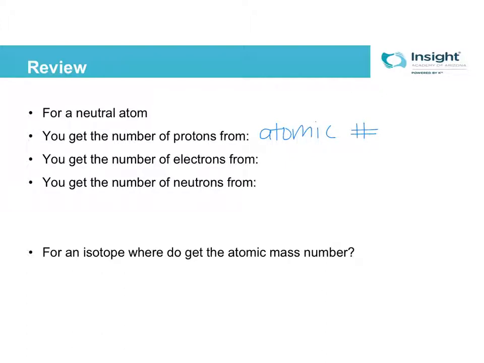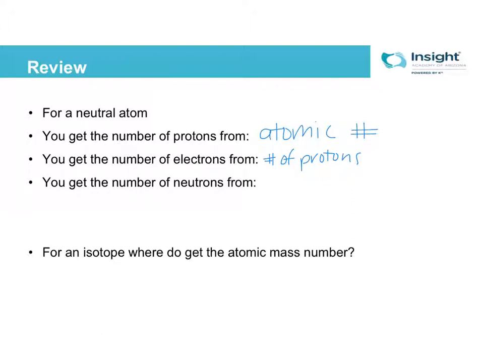Those two things are fixed. So the atomic number of carbon is 6 and only 6 and always 6. The number of electrons for a neutral atom, by definition, neutral means there's no charge, so you get that from the number of protons. Once you know how many protons you have, you know how many electrons you have to have because it's neutral.